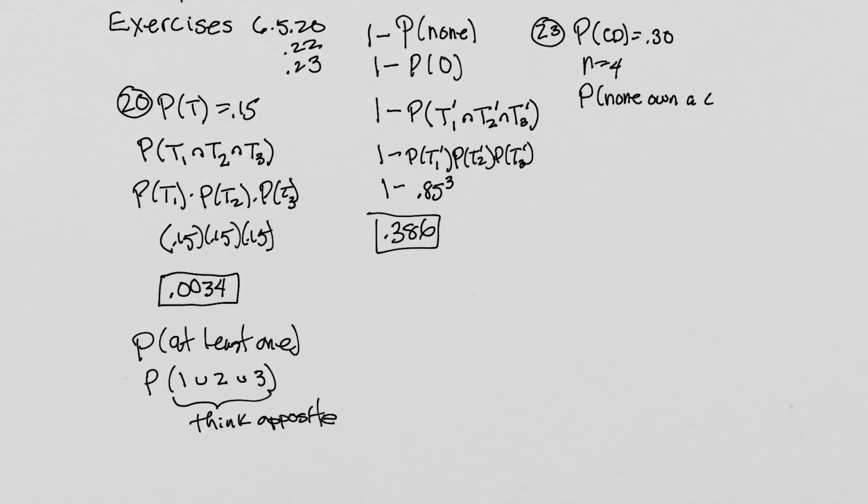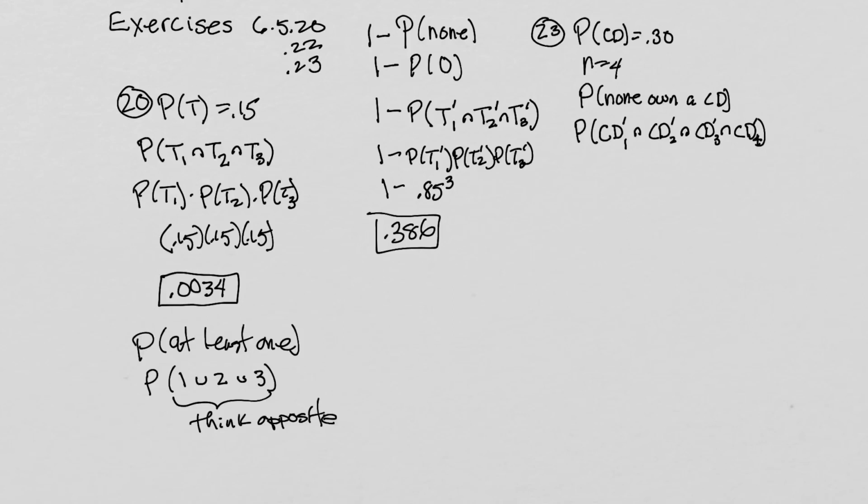So to get none, this must mean, with some notation here, that the first person does not own a CD player, and the second person does not own a CD player, and the third person does not own a CD player, and the fourth person does not own a CD player. Nots.